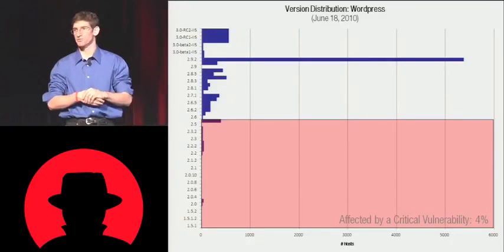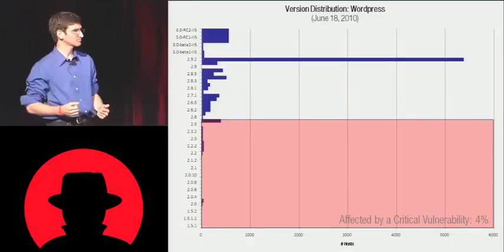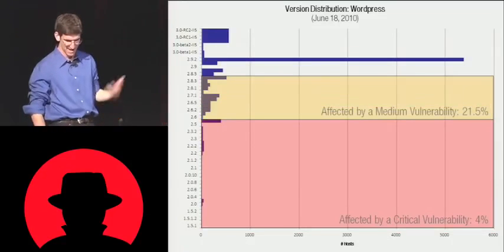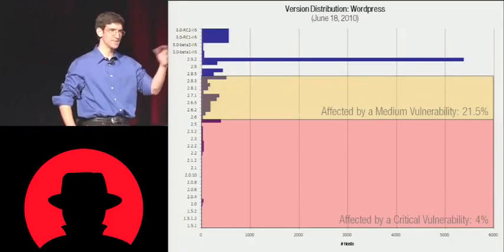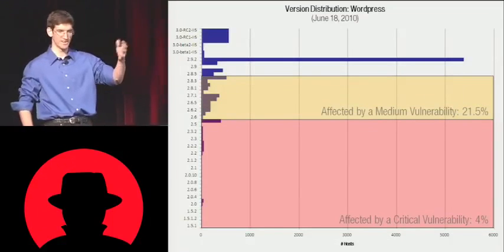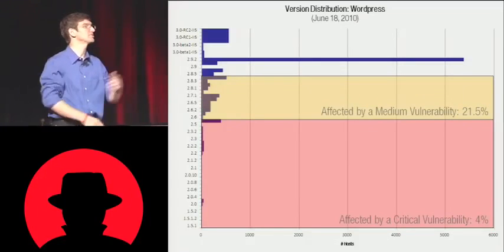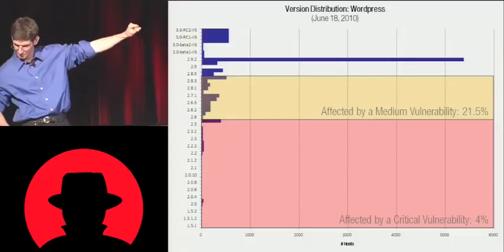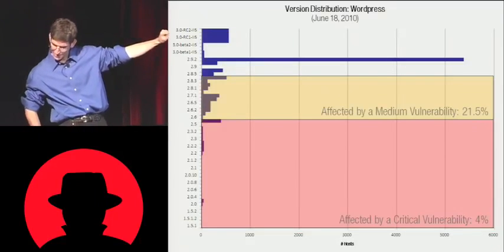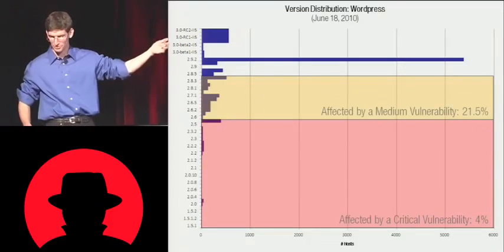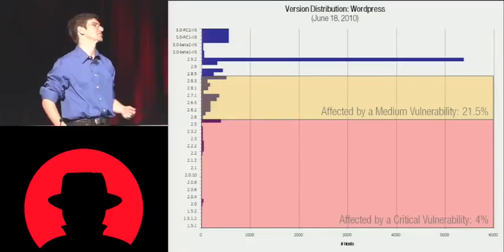Certainly as vulnerability researchers, as vulnerability management people, make our jobs so much easier. All right, so just because I had to pick on them a little bit, I said, okay, what about medium vulnerabilities? This is medium based on any of the rating systems out there. So 21.5%. Even if we go down to mediums, if you are an author on the blog, then somebody can trick you into inserting script.